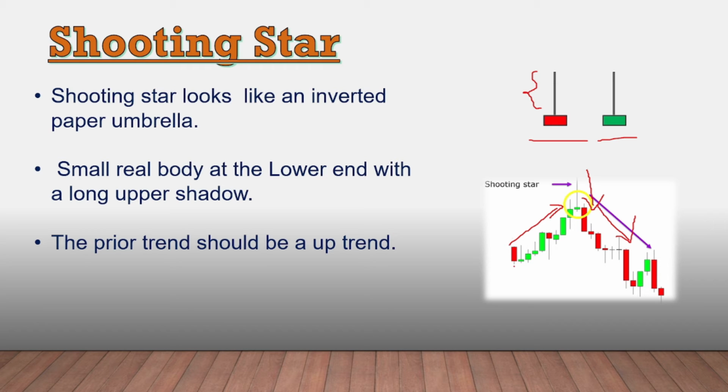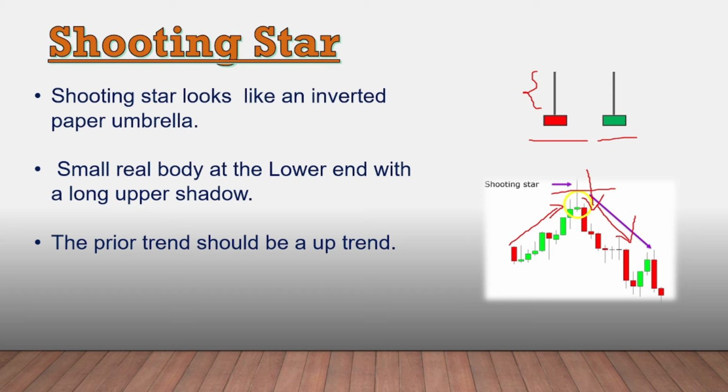As it is an uptrend, buyers were in absolute control over the market, and at some price point the market was expected to form a new high compared to the previous day's high. But what actually happened here? Instead of forming another bullish candle, at this price point the bears entered with full force, which indicates that there is going to be some trend reversal in the market.